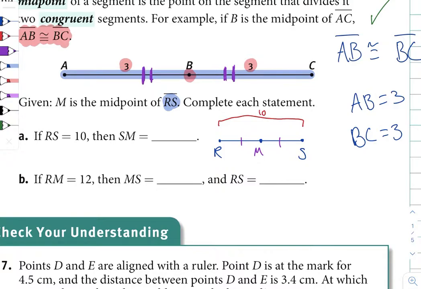Well, it cut the line segment into two equal sides, half of 10 being 5. So I cut this line segment into two 5-unit big pieces. RM is 5 long, and MS is also 5 long. MS and SM are the same thing. So I know that SM is 5 units big.